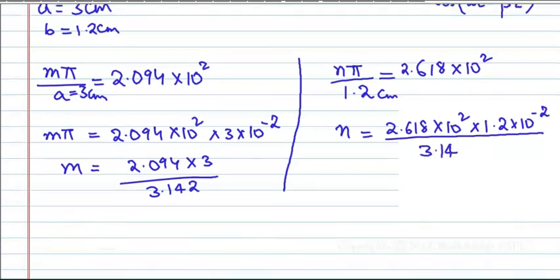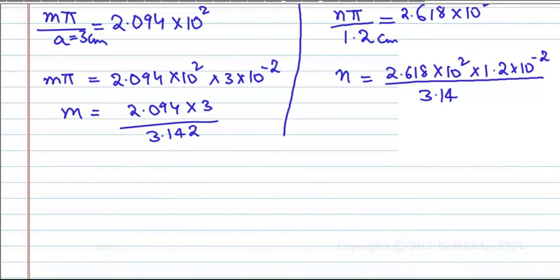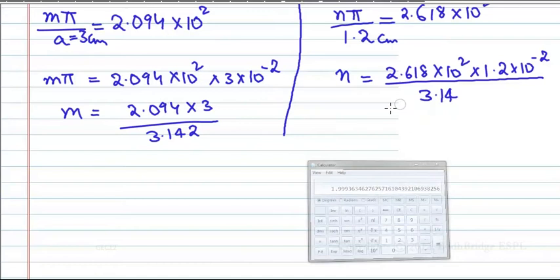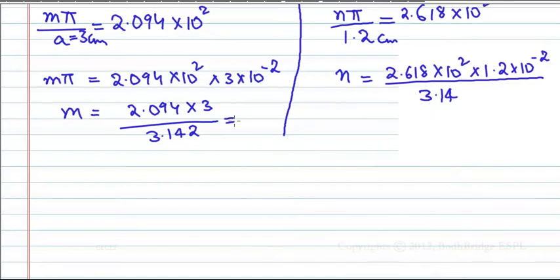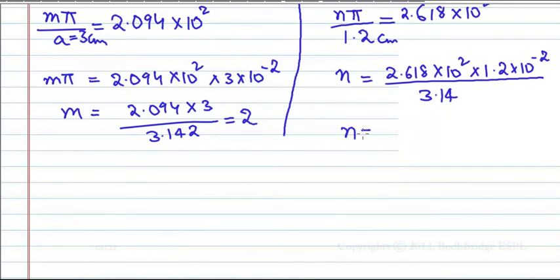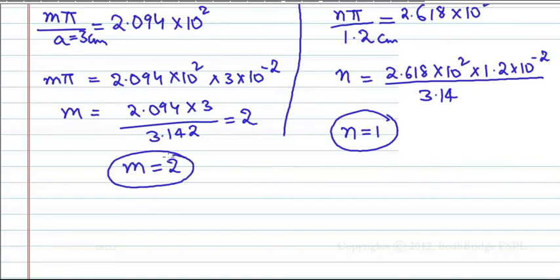We shall calculate what m and n are. It is 1.999, which is approximately 2. And the other gives 0.9998, which means n is equal to 1, and m is equal to 2.